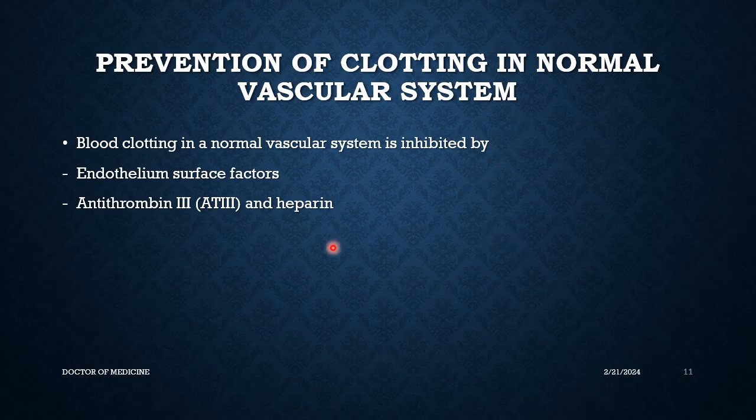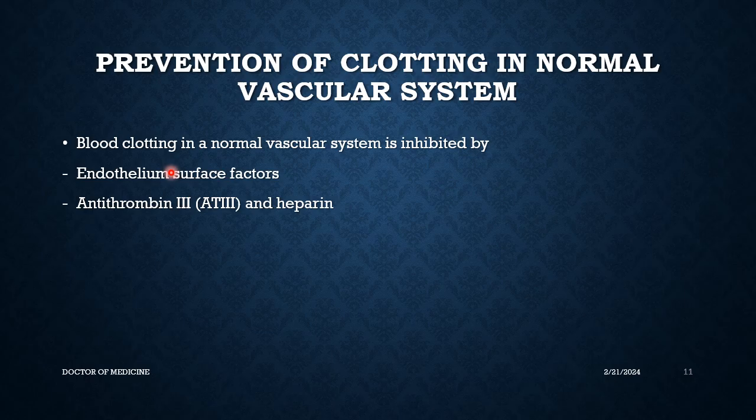So we need to look at the systems which are put in place in order to avoid such things happening. Okay, so the normal anticoagulation systems are divided into at least 3 mechanisms. There are at least 3 anticoagulating mechanisms that are put in place to avoid the clotting of blood.